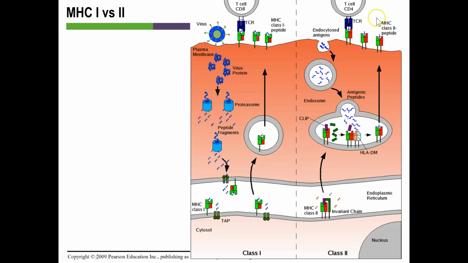There it will interact with helper T cells. So while this figure has more details, it's showing the same thing as that more simplified figure shown earlier. That is going to be the end of this first lecture on adaptive immunity.